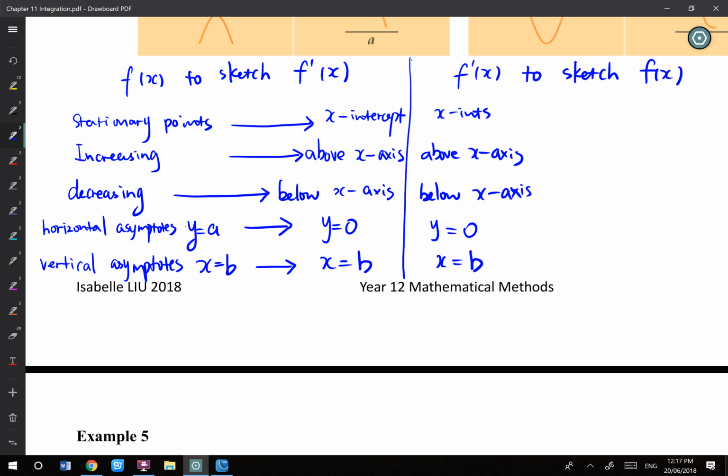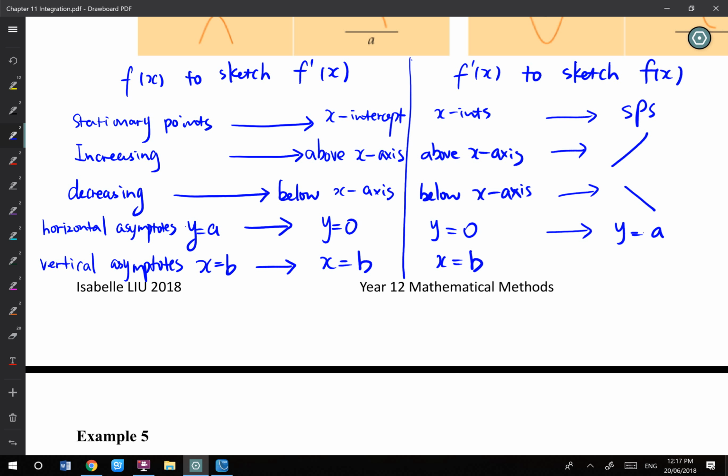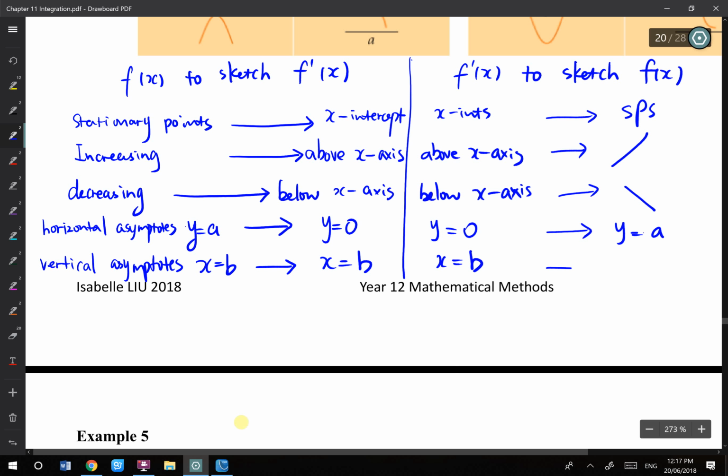Do you have x-intercepts? Is it above or below the x-axis? Do you have horizontal asymptotes and vertical asymptotes? When this goes back, the x-intercept becomes stationary points. When it's above the x-axis, it is increasing. When it's below the x-axis, it is decreasing. When you have y equals 0, you will have a horizontal asymptote somewhere. I don't know where, but there will be one. And for x equals b, I will still have x equals b at exactly the same point.